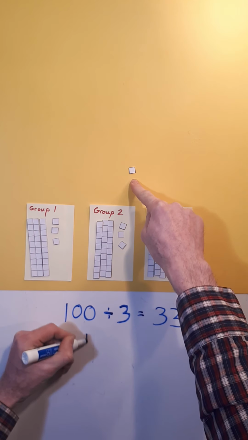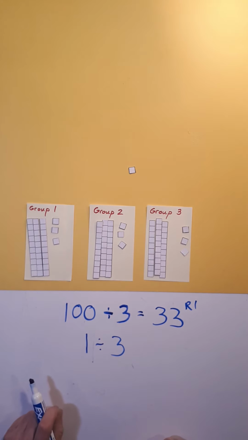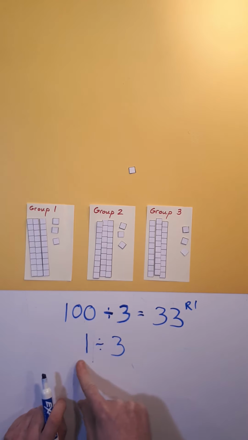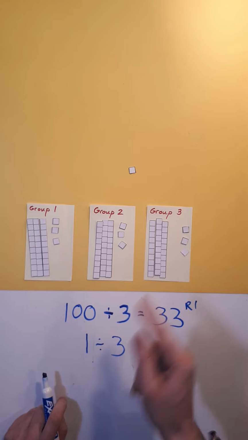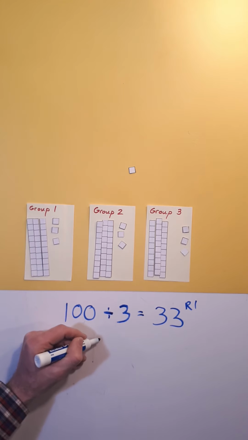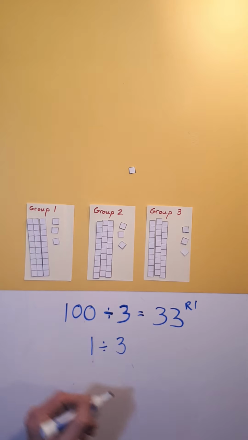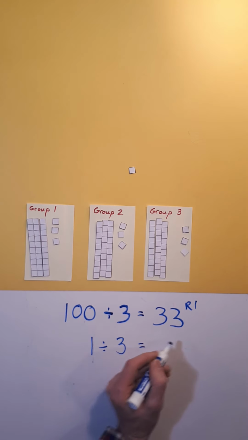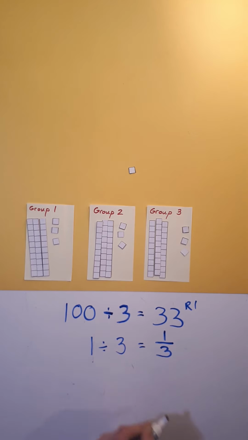Let's see if we can divide 1 between 3 groups. That's pretty tough. Or, at least we can say it's not going to be a whole number. It's going to be something smaller than 1. So you might not know this, but if you've learned about fractions, we can write, let me say this, 1 divided by 3 is actually meaning the same thing as this fraction.